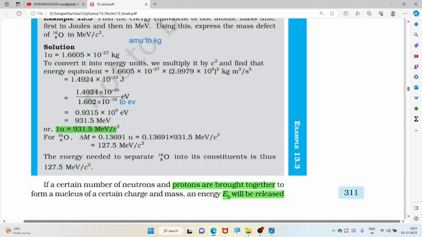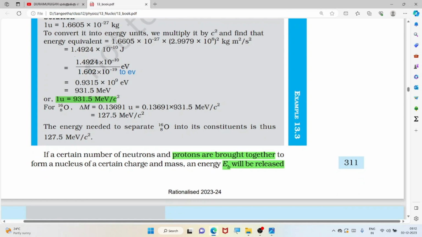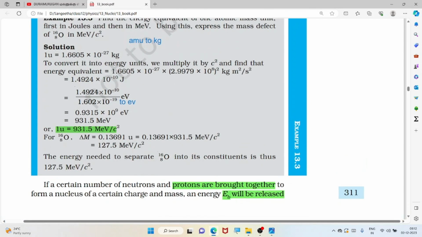This electron volt you have to convert to mega electron volt, that is 10 power 6. For future reference you can directly use this number: 1 u equals 931.5 mega electron volts.